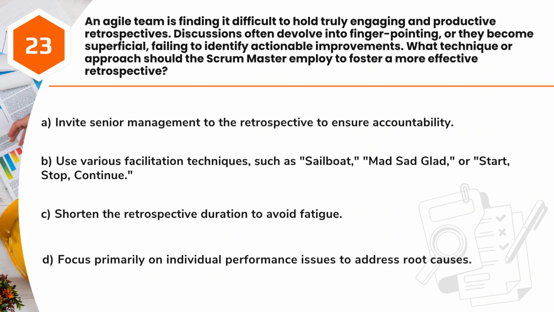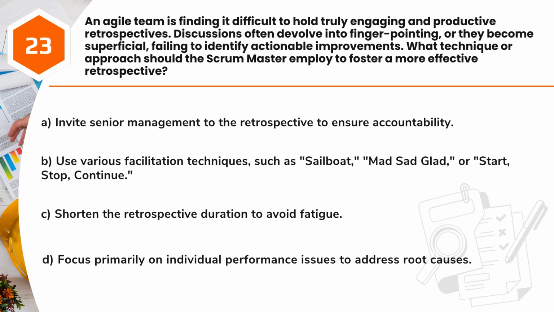Question 23. An Agile team is finding it difficult to hold truly engaging and productive retrospectives. Discussions often devolve into finger-pointing, or they become superficial, failing to identify actionable improvements. What technique or approach should the Scrum Master employ to foster a more effective retrospective?